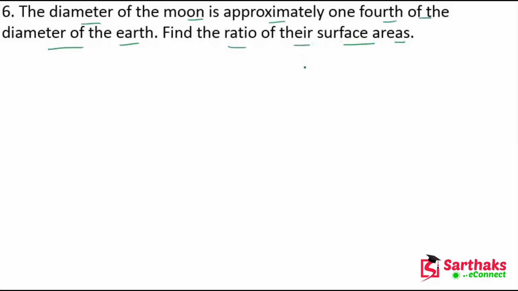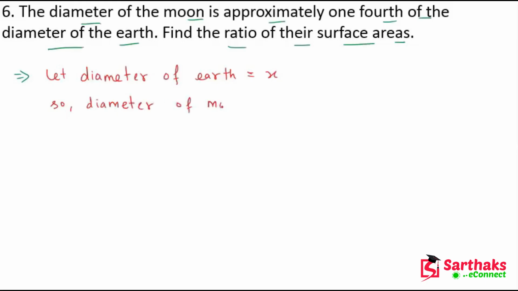Let's suppose the diameter of earth is x, so the diameter of moon is x upon 4. Hence we can find the radius. The radius of earth is x upon 2.